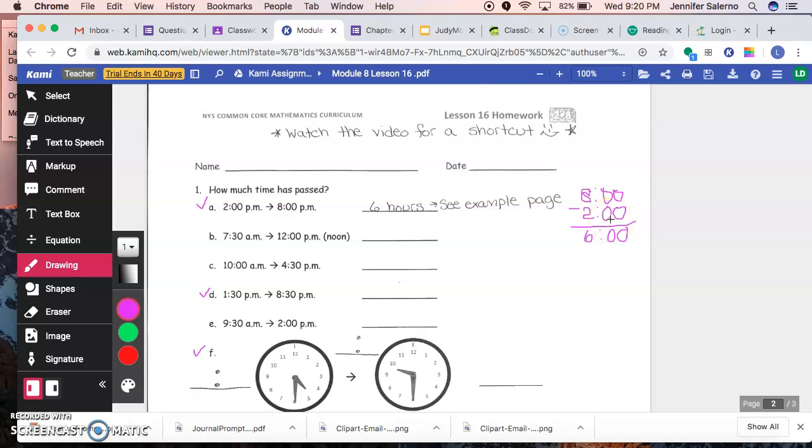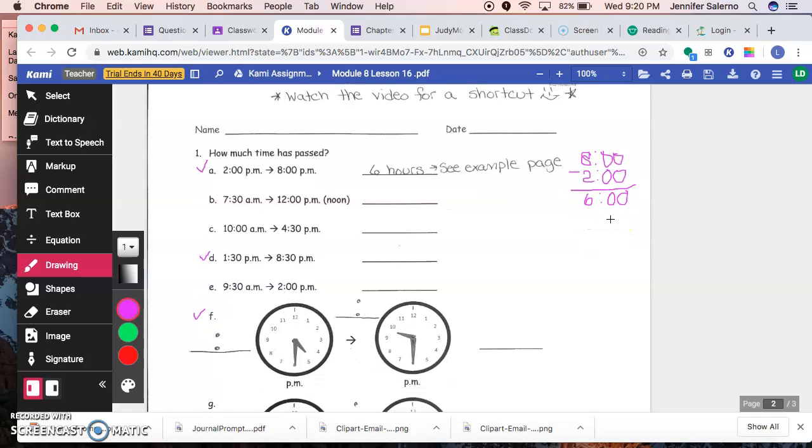So I'm going to show you another one that you could use a shortcut for. Let's look at letter D. So letter D says 1:30 p.m. is the start time and 8:30 p.m. is the end time. Now again, we could use a shortcut here because they both have a 30. Both of them have a 30. So our shortcut we can use here.